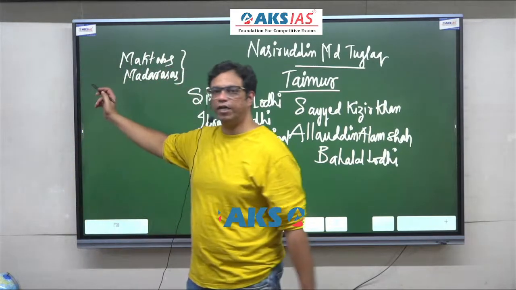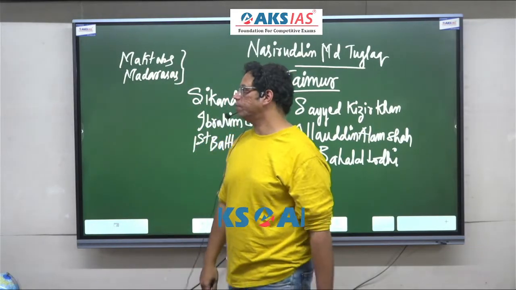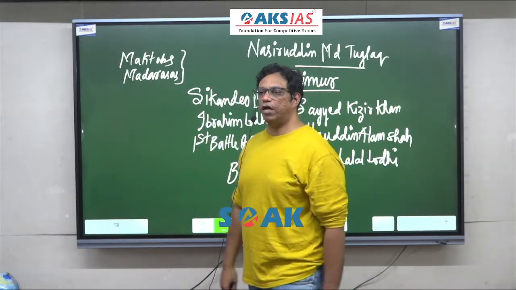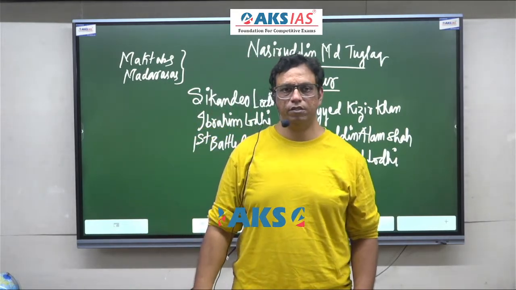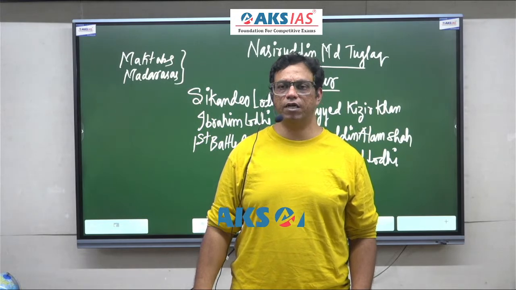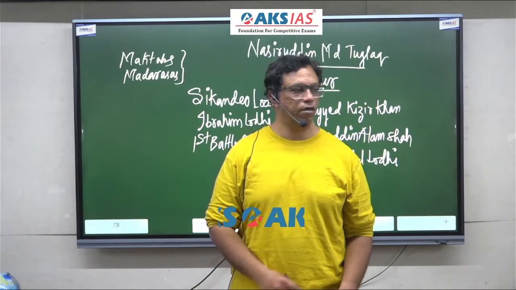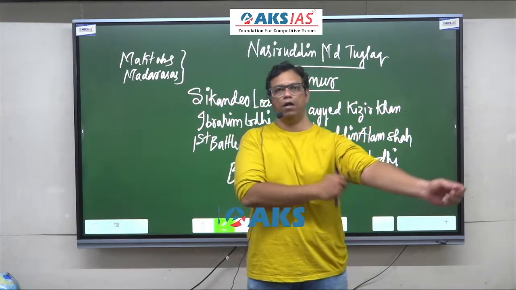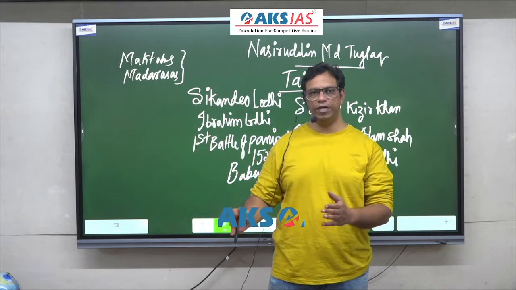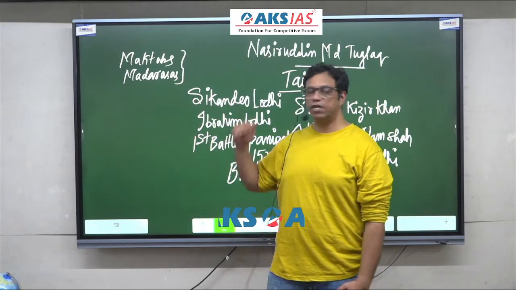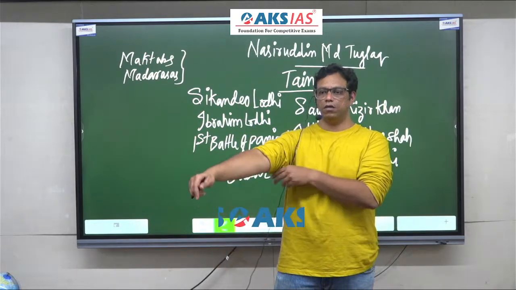Maktab is an elementary school. Madrasa is a higher educational institution. Please take that point. Many maktabs and madrasas got established in India. There itself in the brackets, maktab means elementary school, madrasa is a higher educational institution, Islamic institution.